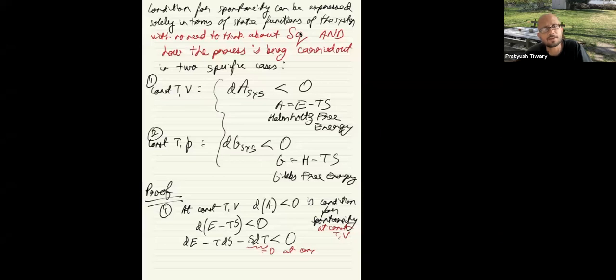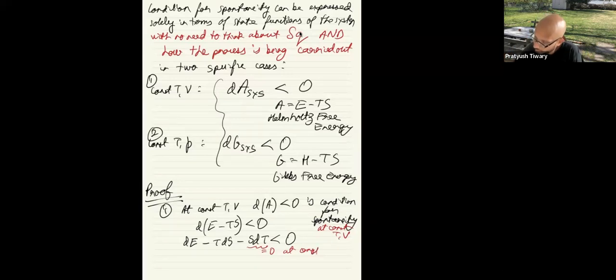They completely forget that the free energy that you need to look at changes. And sometimes it's not happening at constant temperature and volume or constant temperature and pressure. Then you cannot use G or A. You have to really think about the whole Clausius inequality, that dS is more than delta Q reversible by T. So you have to be careful. And so, thermodynamics is a few simple rules, but you have to be careful.